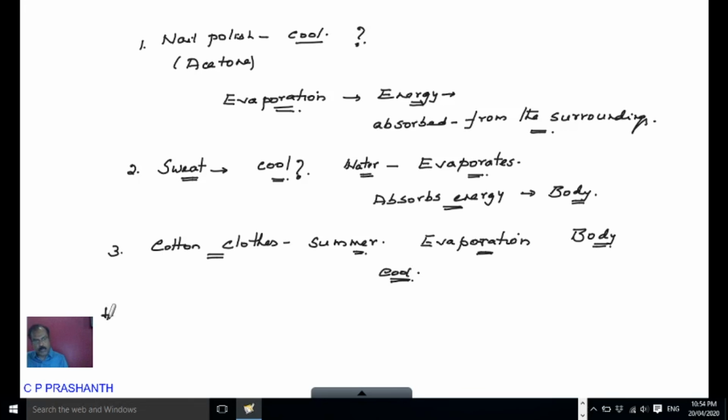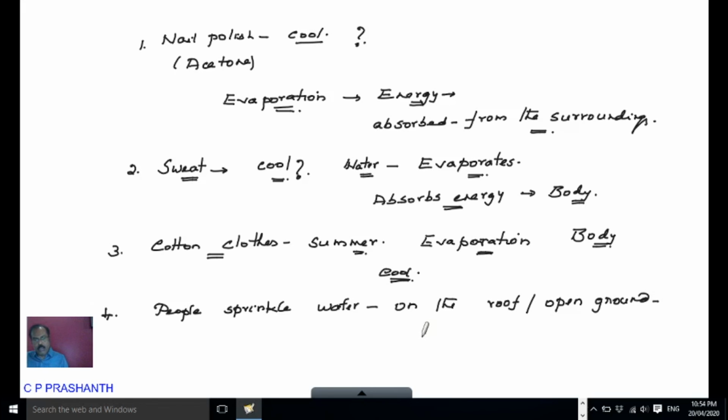The next question we answer is, people spread water on the roof or on plain ground during summer. They sprinkle water on the roof, even on the plain ground also, surrounding the house.